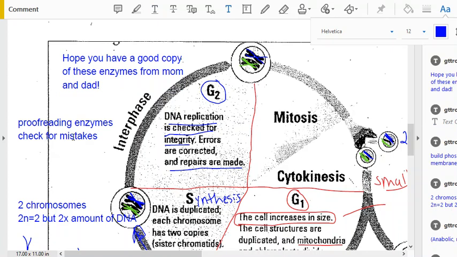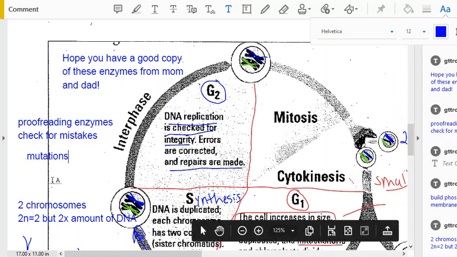And those mistakes are called mutations, right? The more mutations you accumulate over time, the more likely you are for the cells to be damaged, potentially to get cancer. So you want a good copy of these proofreading enzymes from your parents.